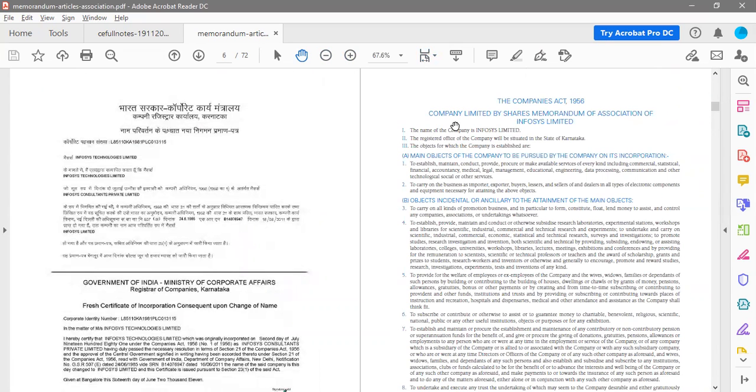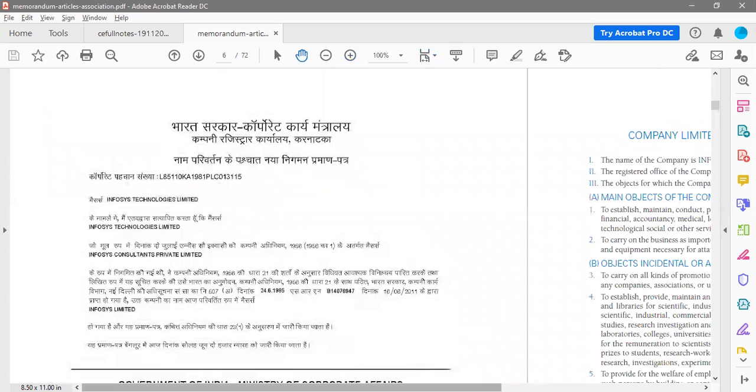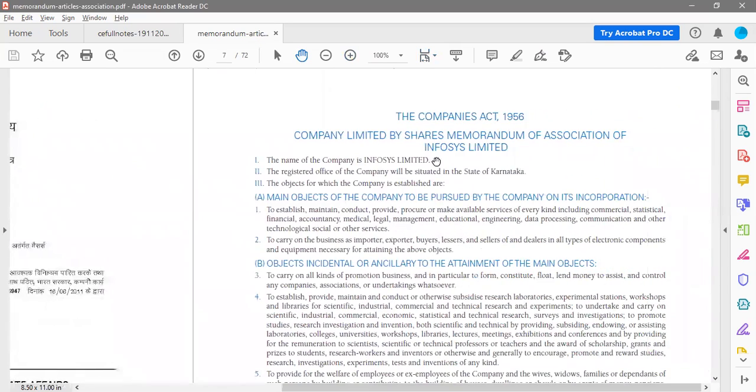The first point of MOA here is the name clause. The name clause gives us the company's name. The company's full name will be given in the name clause. Coming to the second clause, this is called the situation clause.